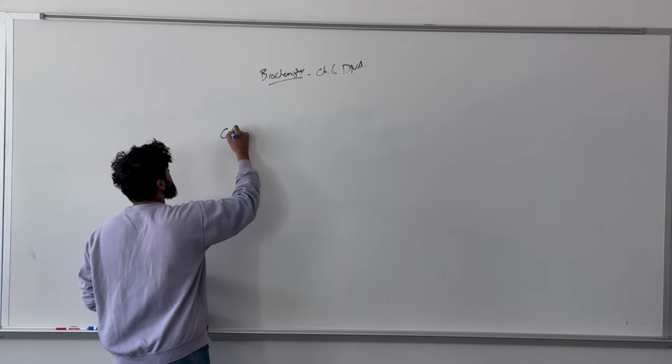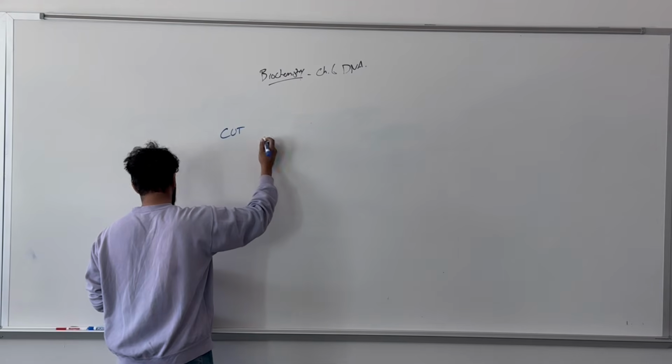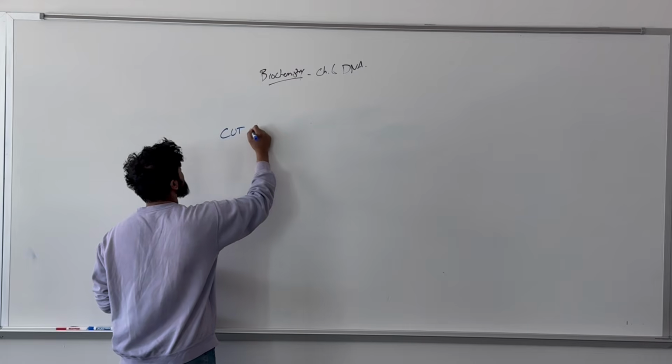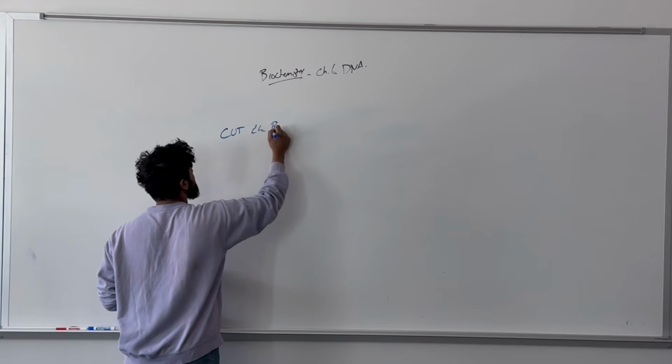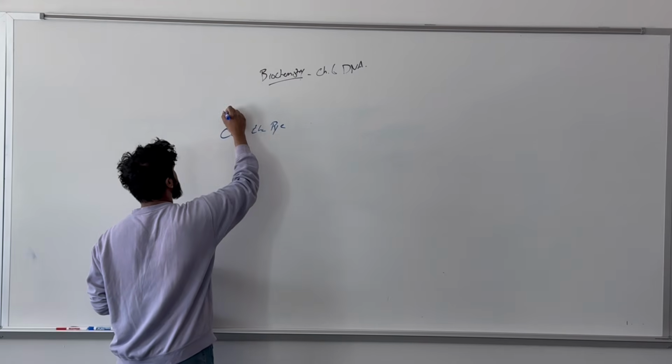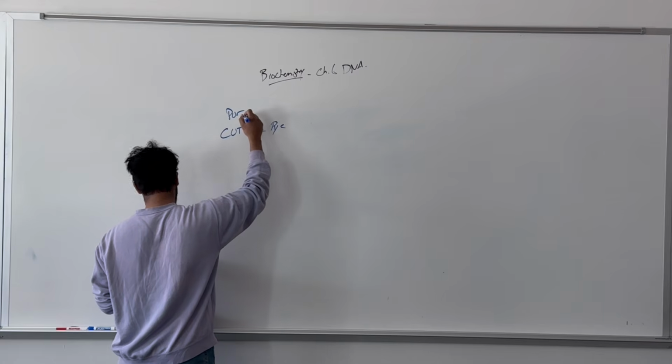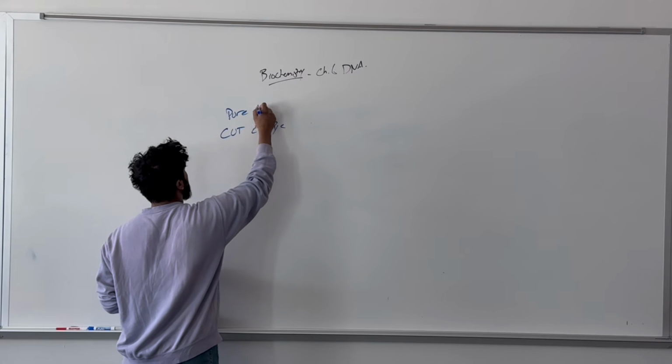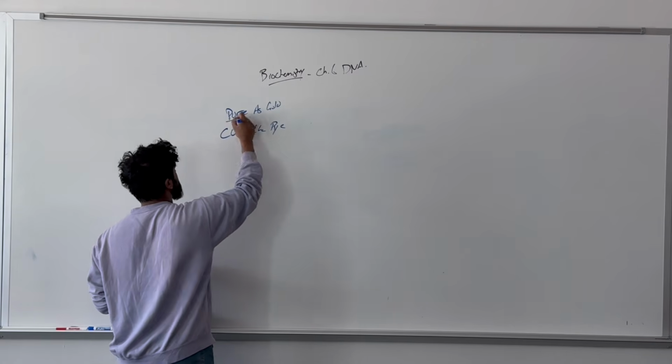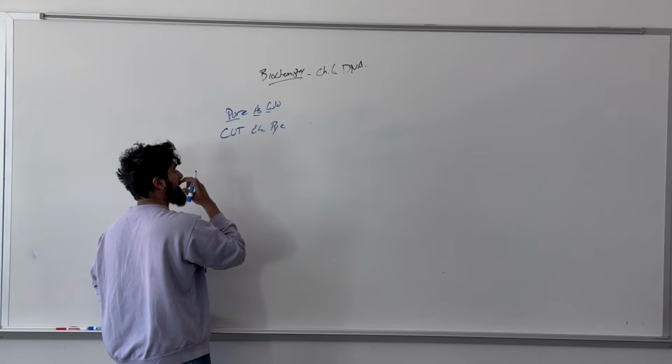So, we have cut the pie and pure as gold. Purines are adenine and guanine.